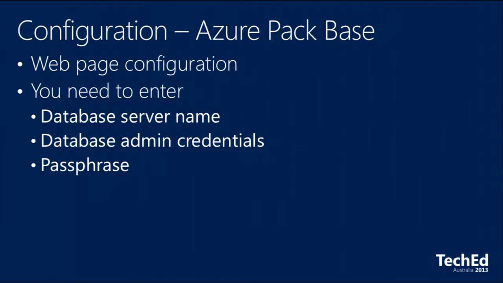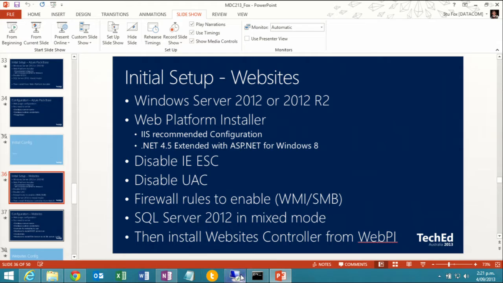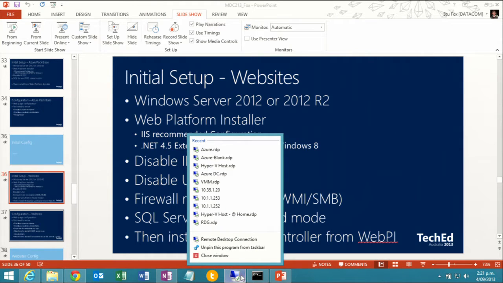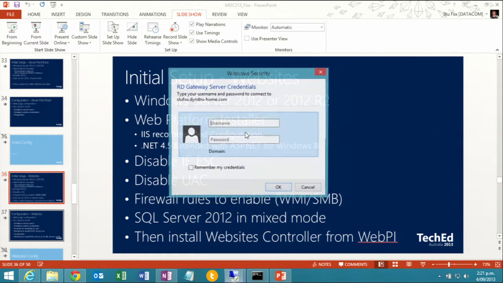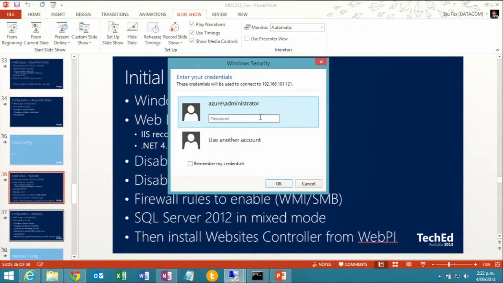Then when you configure it, basically the web page, you run it, you say what the database server is and what the passphrase is going to be. I wasn't going to show you a demo here, but I will. Hopefully it'll come up.